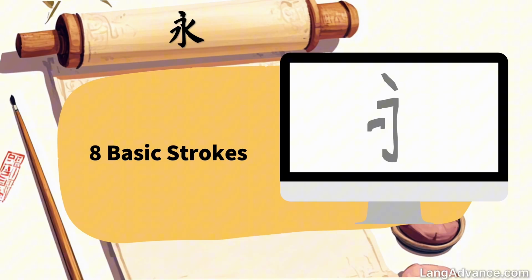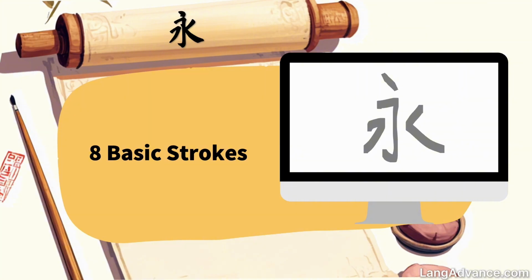The foundation of Chinese calligraphy and character formation lies in the 8 basic strokes, each carrying its unique form and significance. These strokes are not only the building blocks of Chinese characters, but also a representation of the artistic beauty embedded in the language.